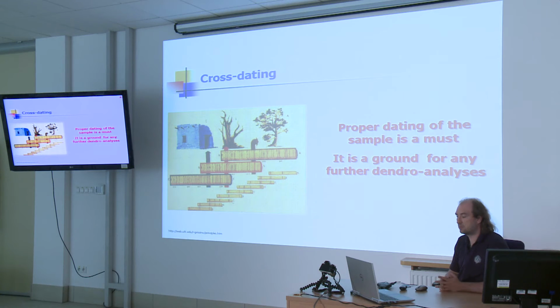We determine the calendar year in which each tree ring was formed, and we use the master chronologies or other information to achieve this goal. So that's the start. We begin our analysis with cross-dating.